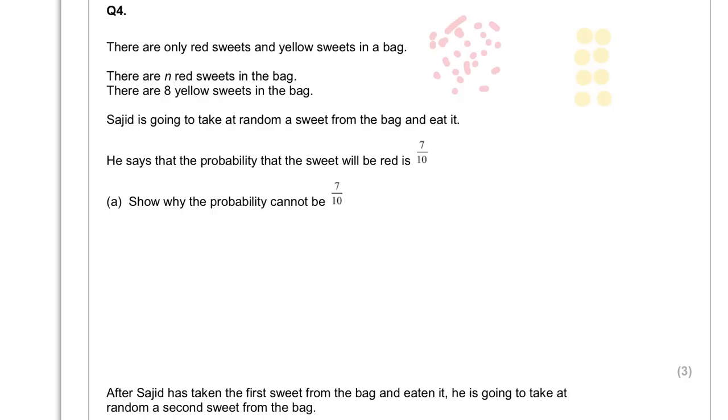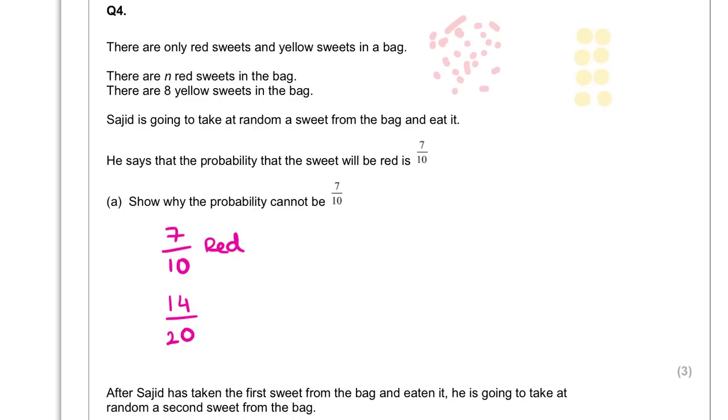Right, the question says, Sajid is going to take at random a sweet from the bag and eat it. He says the probability that the sweet will be red is 7 out of 10. Right? So he's saying 7 out of 10 is going to be red. 7 out of 10 is the same as saying 14 out of 20.